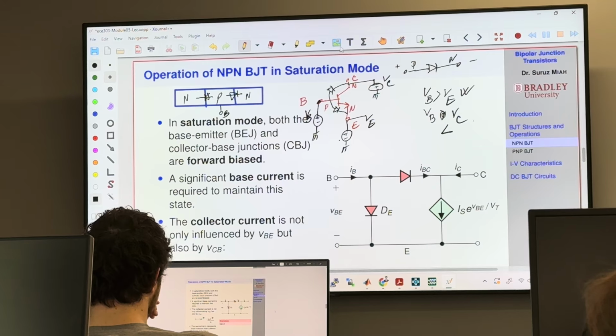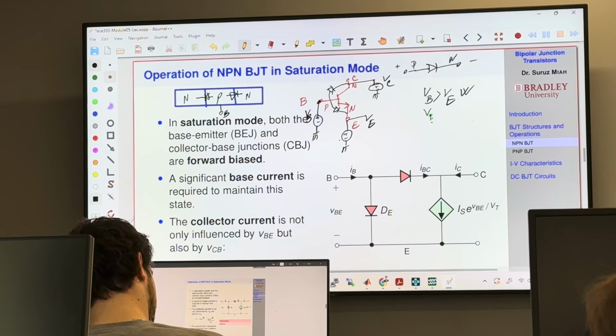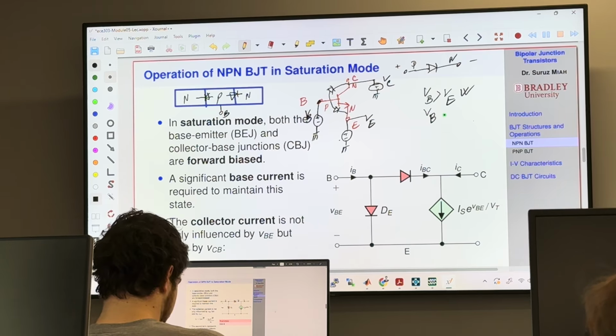But in saturation mode, the condition is VB greater than VC, which means this diode has to be forward biased. Both junctions will be forward biased.